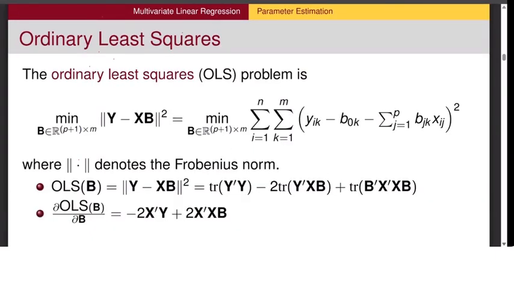Now, if I'm working with a multivariate linear regression, I also need a way to estimate the parameters, and there's going to be a lot of parameters: the intercept and the slope for the first response variable, for the second response variable, and so on. That is why you are seeing k here. Can you see that? You're seeing k.